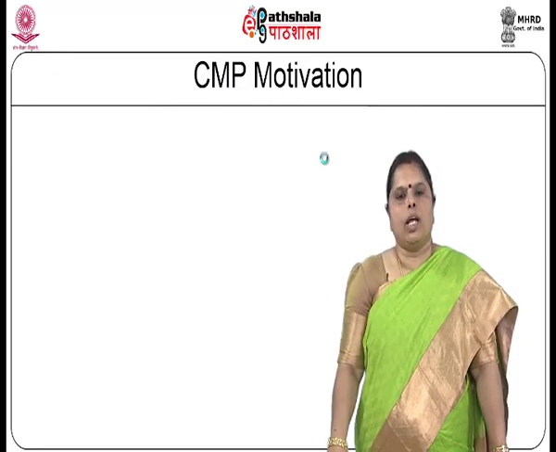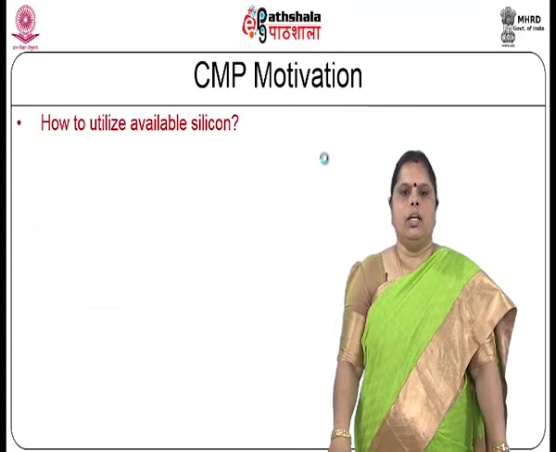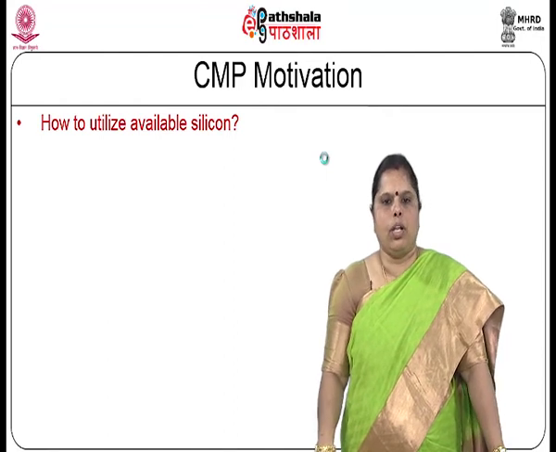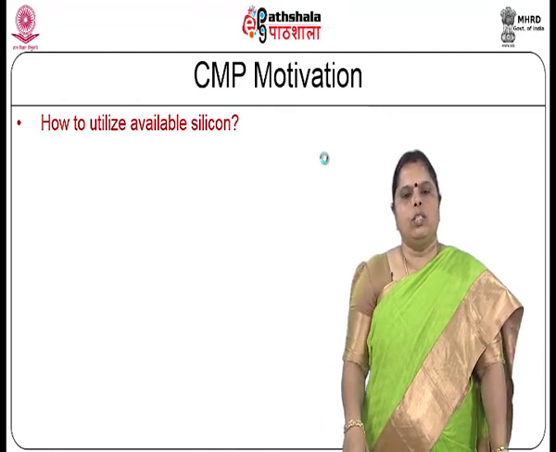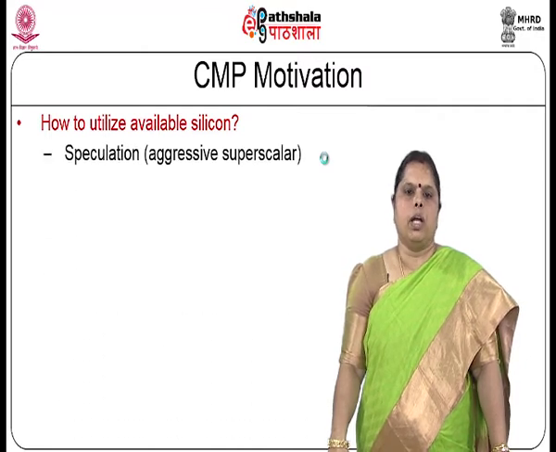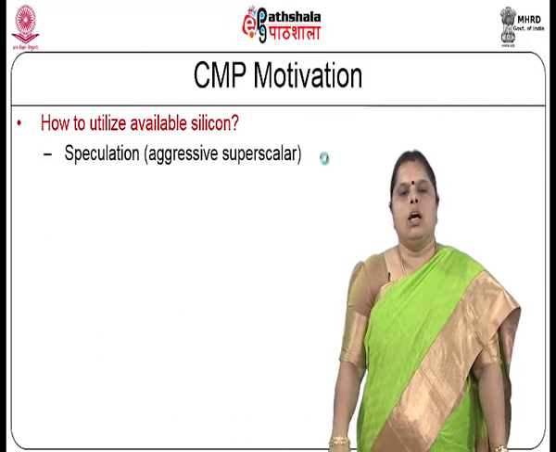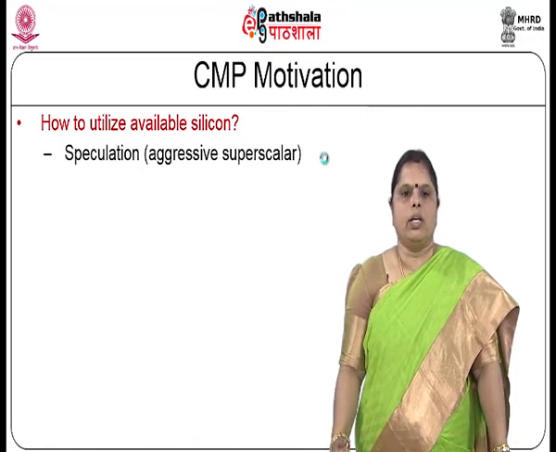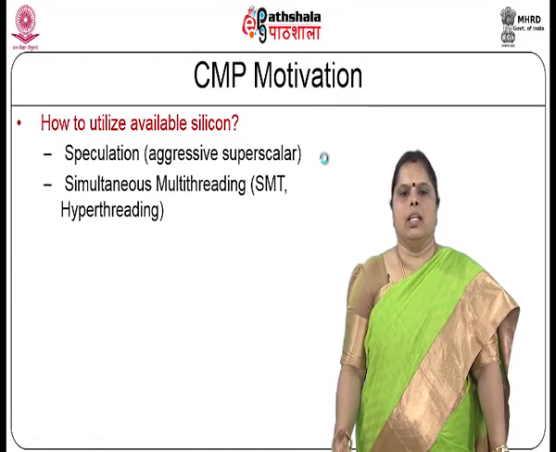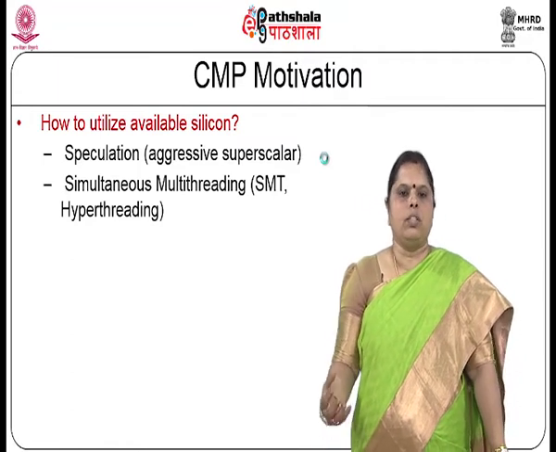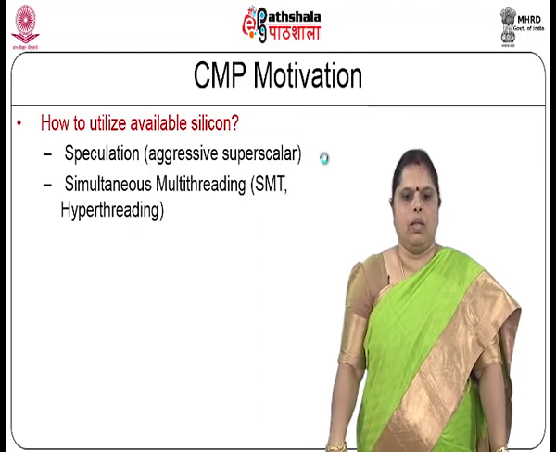So, having looked at the various categories of multi-threading, we look at the other strategy associated with exploiting thread level parallelism, which is chip multiprocessing. What is the motivation behind chip multiprocessors? Basically, we would like to address how to utilize the available silicon. You have so much hardware available, so what are the various ways in which you can use it?